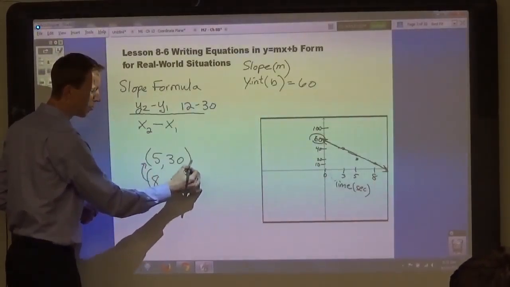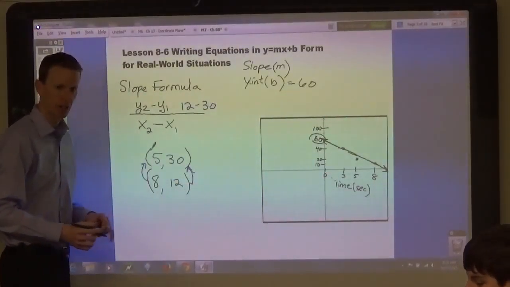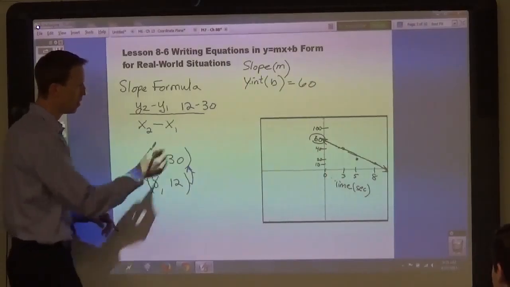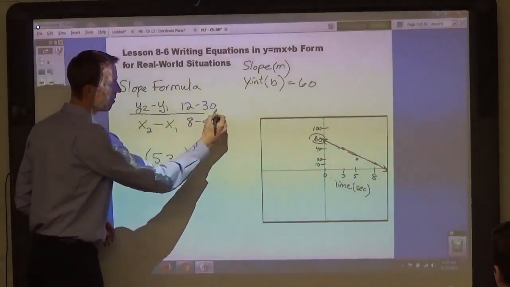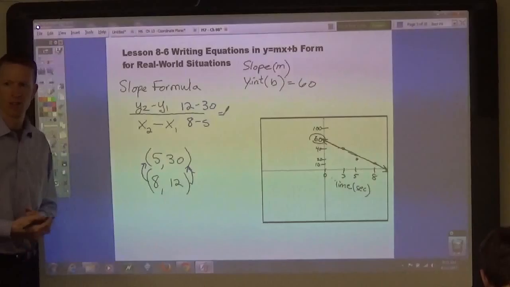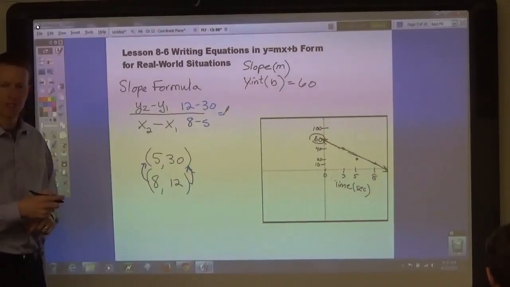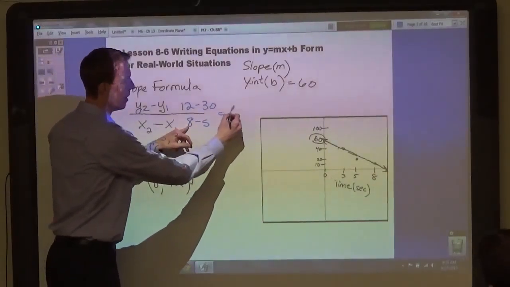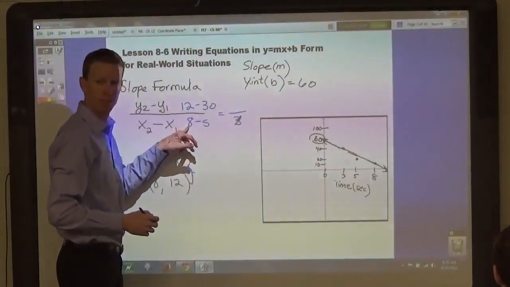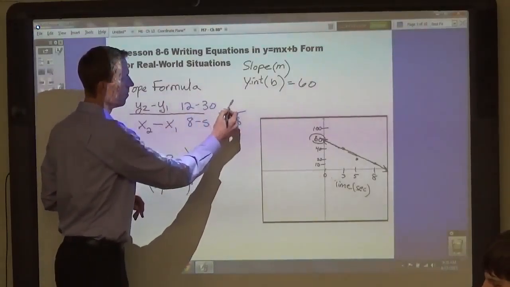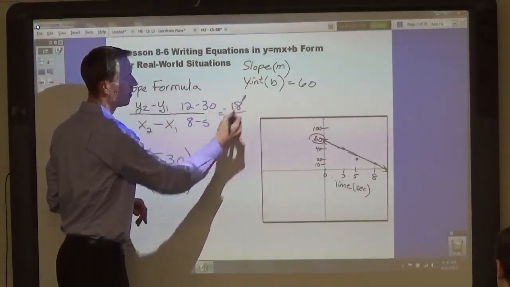And notice that we're subtracting them in the same direction. What does that equal? James? Bottom is 3. Top number would be negative 18, right?